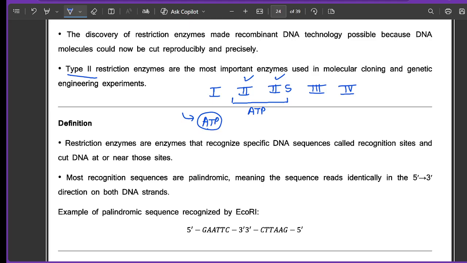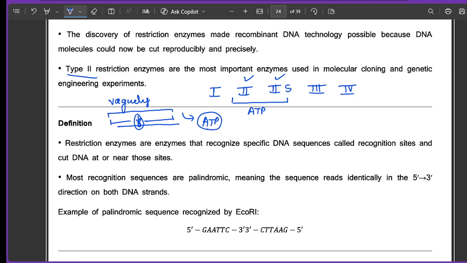Secondly, the other restriction enzymes cut the DNA very vaguely. That means that whatever their specific point of cleavage is, they will not cut at that point, and they cut randomly within a range of nucleotides. So again, this is not very fruitful.